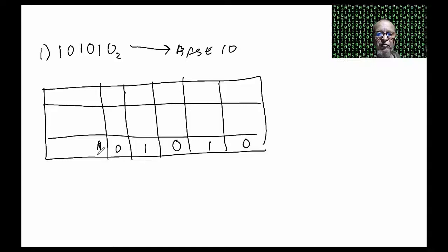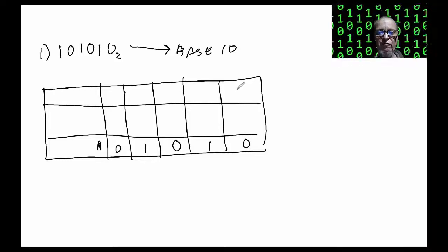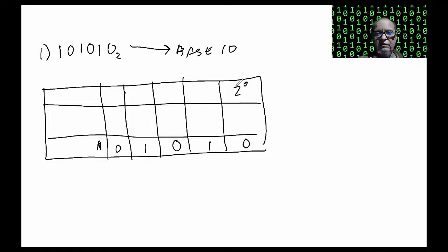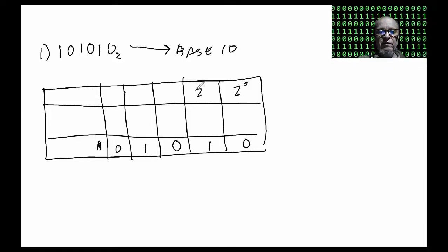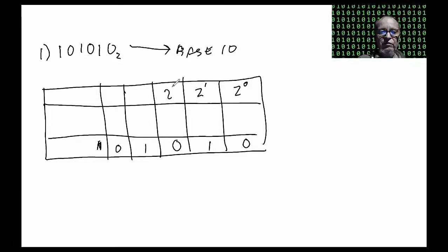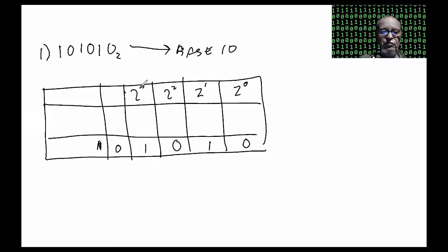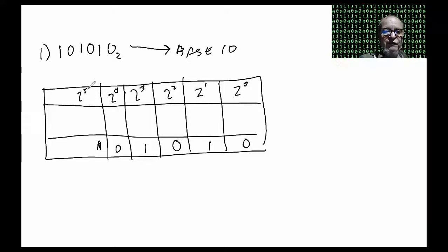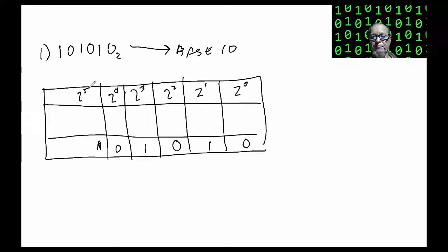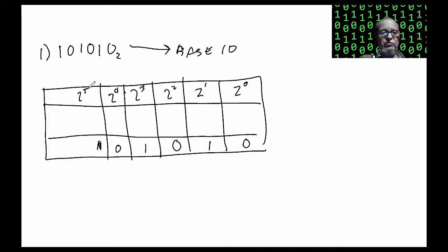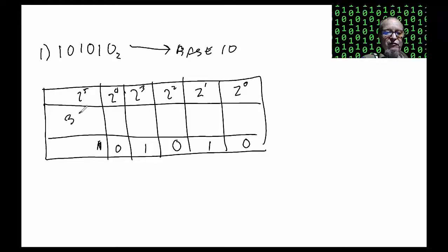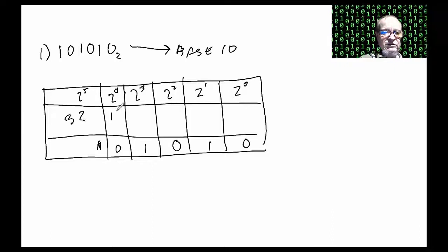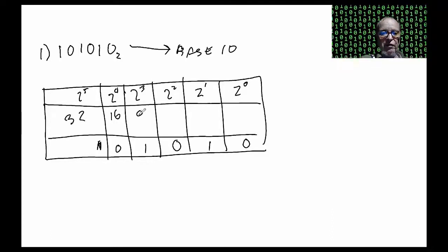And now I'll figure out how far I go. So 2 to the 0. I always start at the 0 power. 2 to the 1, 2 to the 2, 2 to the 3rd power, 2 to the 4th power, and here I only have to go to 2 to the 5th power. So 2 to the 5th power we found before was 32. 2 to the 4th power is 16. 2 to the 3rd power is 8.